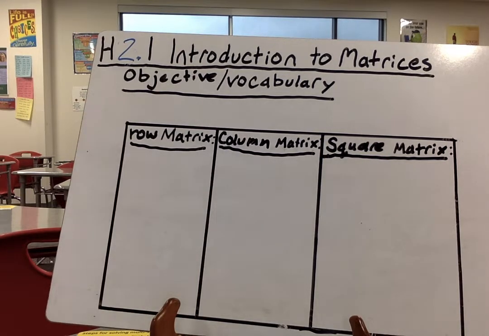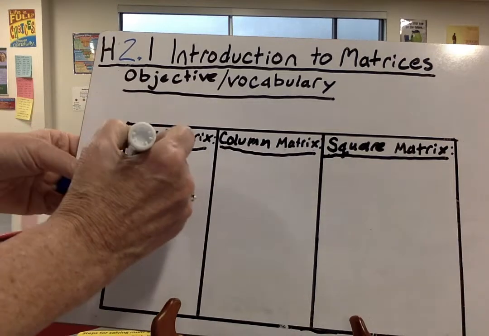Okay, so again, you want to call matrix A a 2 by 3 because it's 2 rows and 3 columns. You always do row first and then column. A row matrix means all one row.